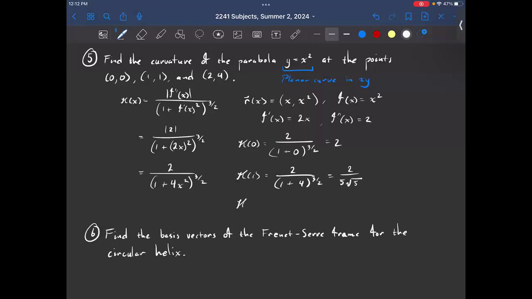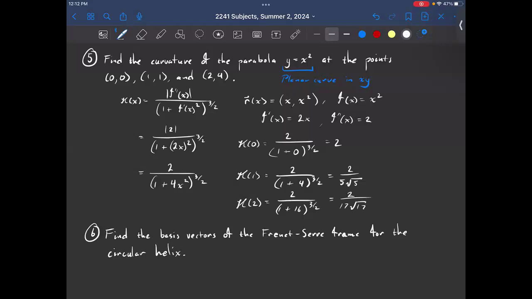And kappa of 2 is 2 over 1 plus, all right, now I have 4 times 4 is 16 to the 3/2. And somewhat annoyingly, this will never end up giving me a square, I think. We have 2 over 17 root 17 for the curvature.